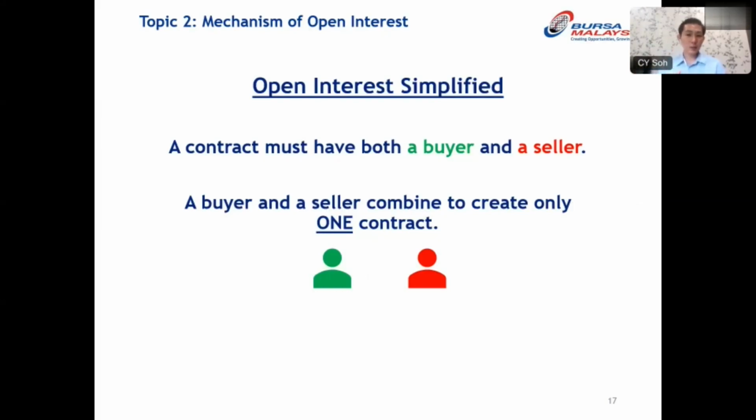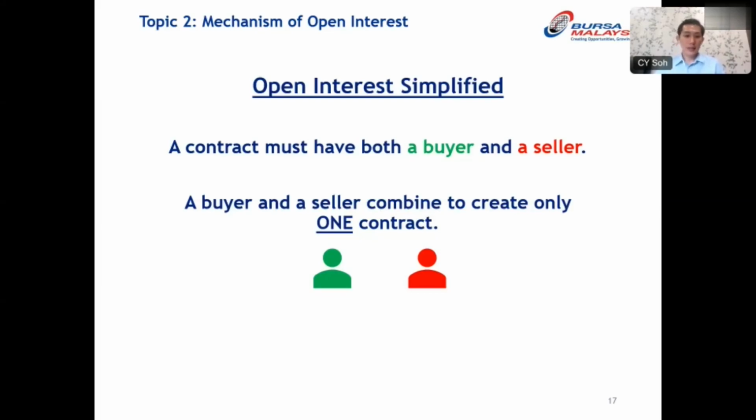So when we mention 50,000 open interest, it means both long and short contracts altogether in the market. So to make it simple, open interest is the number of contracts already open but not closed yet.